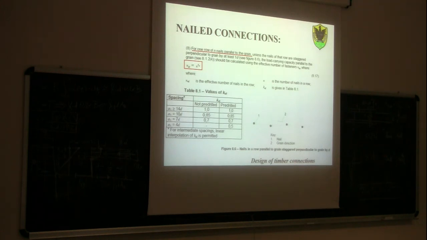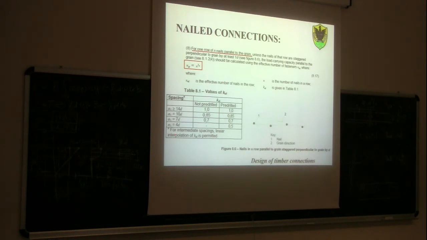So if I use a spacing between these 3 mm nails of at least 14 times 3, 42, so 4 centimeters 2 millimeters, which is not a lot, I think, in this case, basically, I have no interaction between the nails.